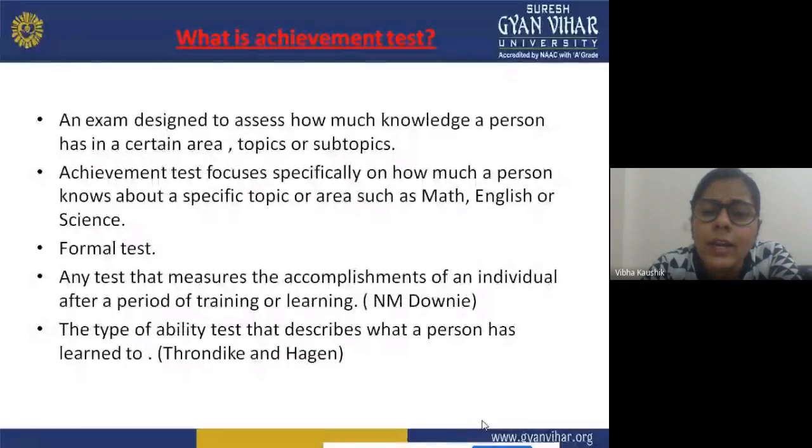For example, if we are talking about curriculum development as the subject, it means how much you know about the concept of curriculum development. If you are talking about the subject English or Hindi, then how much knowledge you have of Hindi or English as a person. How much knowledge a person has in that area.